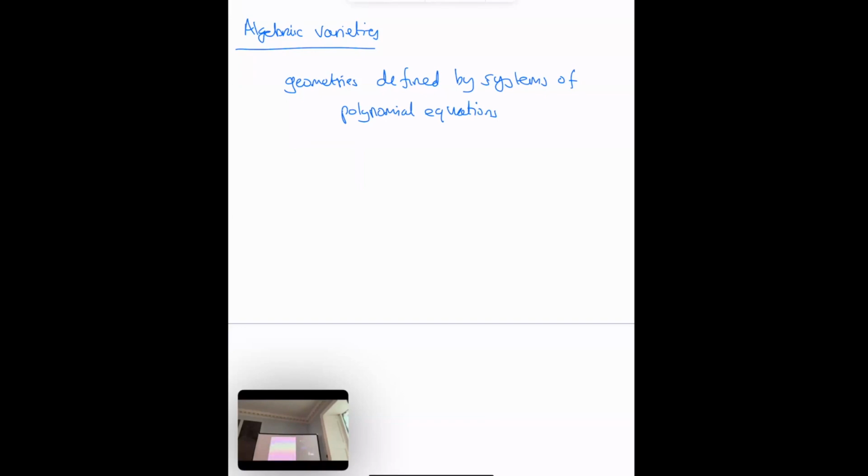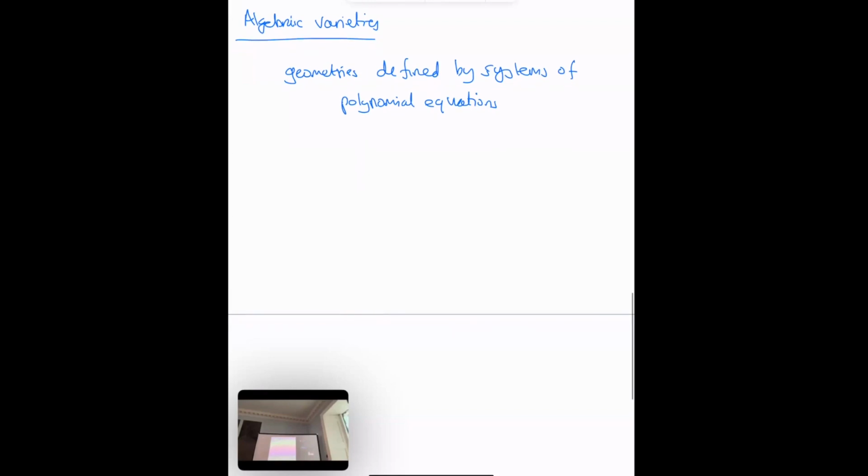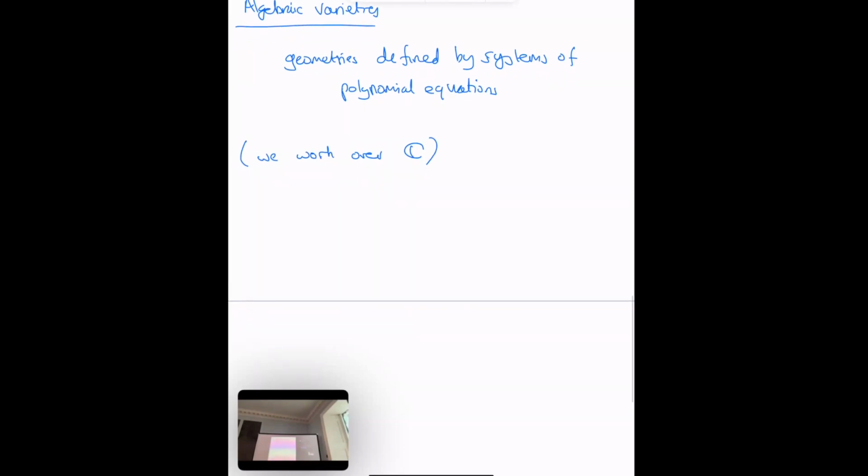We'd like to classify them as much as possible. In our case, we're going to be working with algebraic varieties over the complex numbers. That's not going to be super important in what follows. And the first thing to say is that, depending on the equations, algebraic varieties can be smooth or they can be singular.